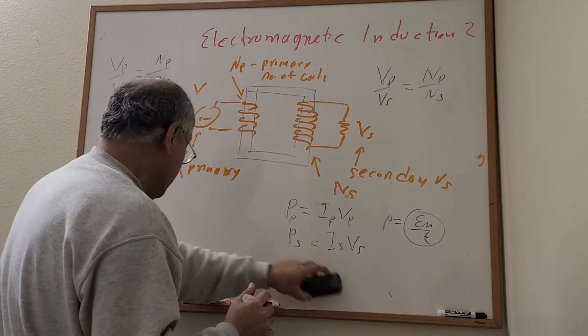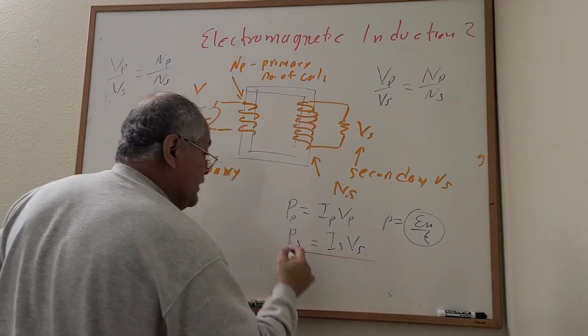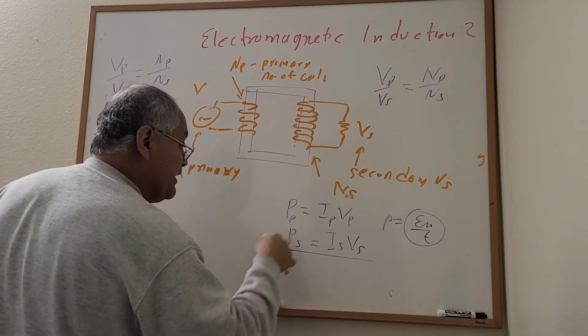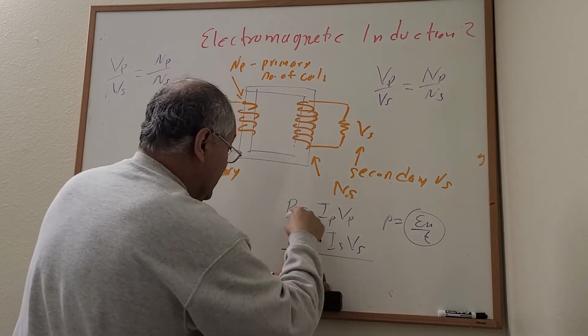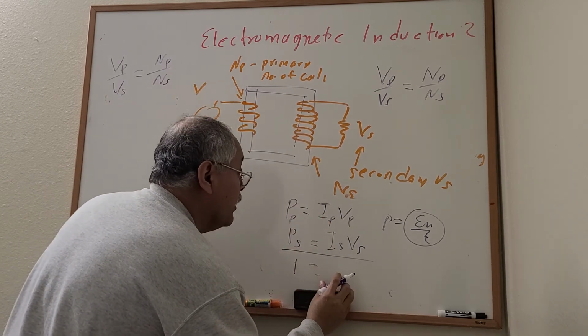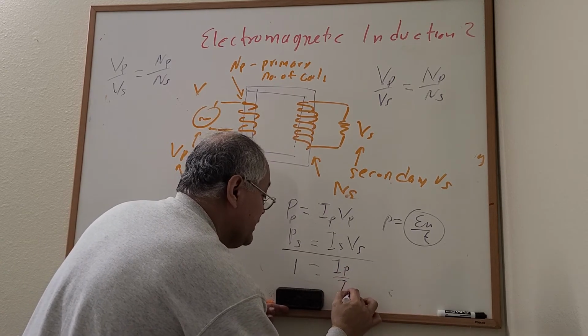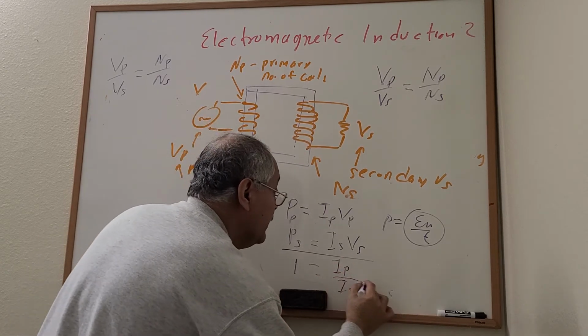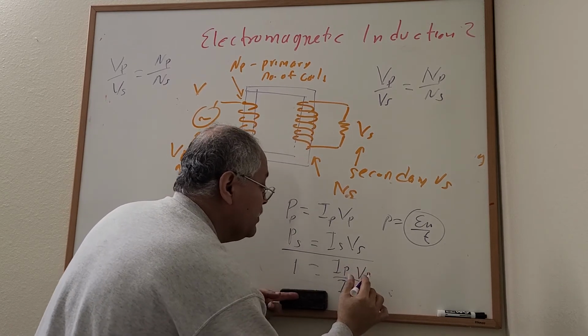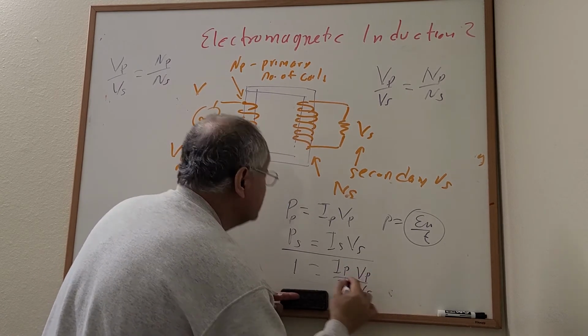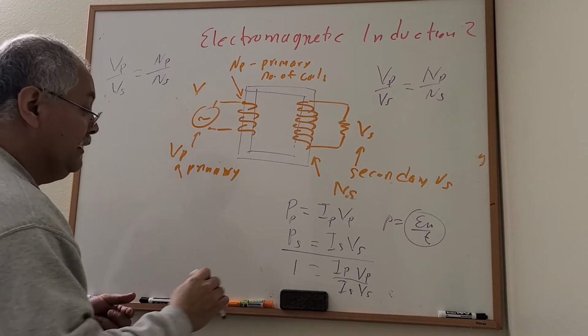The same thing as before. If we divide one by the other, because these two are the same, this becomes 1, so 1 is equal to the primary current times the primary voltage over the secondary current times the secondary voltage.